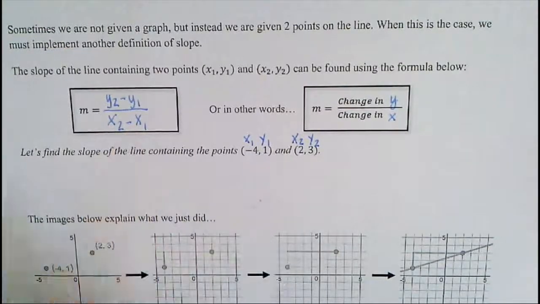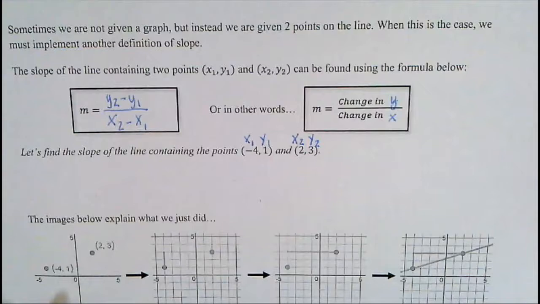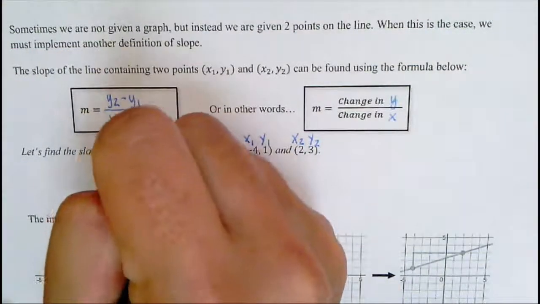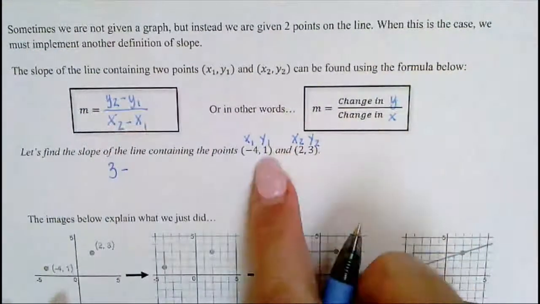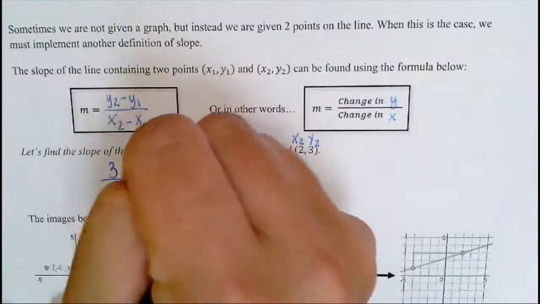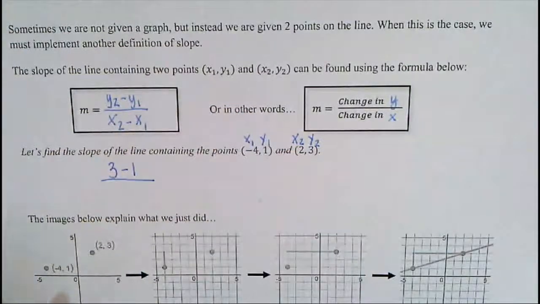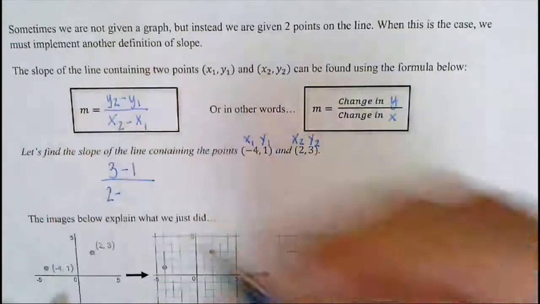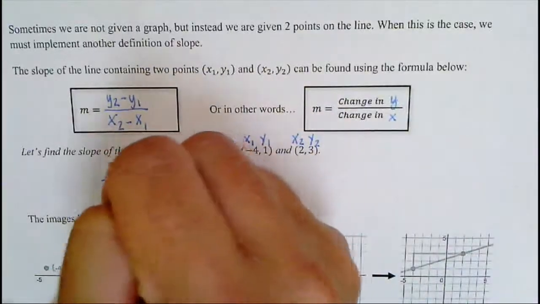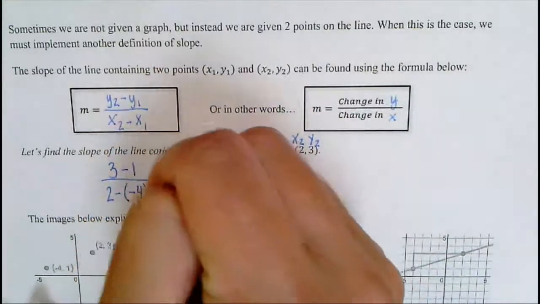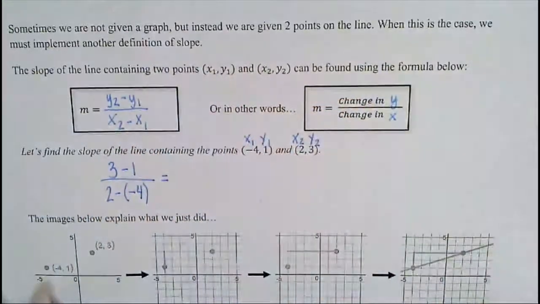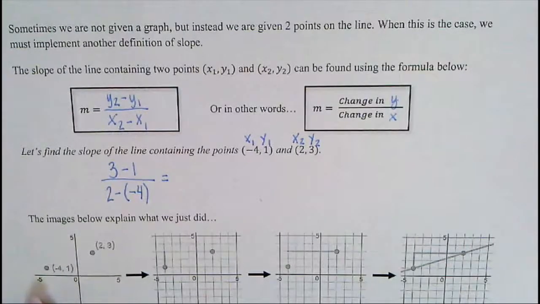So I have 3 minus 1, and then I have 2 minus, I'm going to put parentheses, -4. If you're in my class, you've probably heard me say that I hate double signs. I'm not a fan of double signs. So we're going to rewrite this.